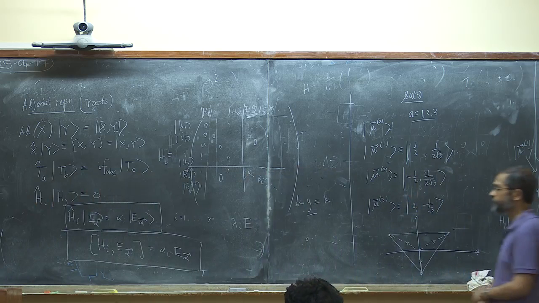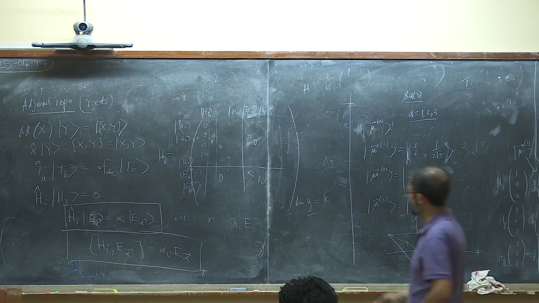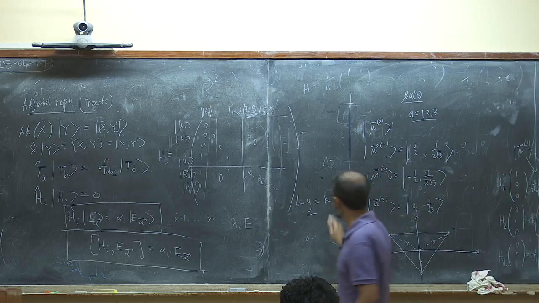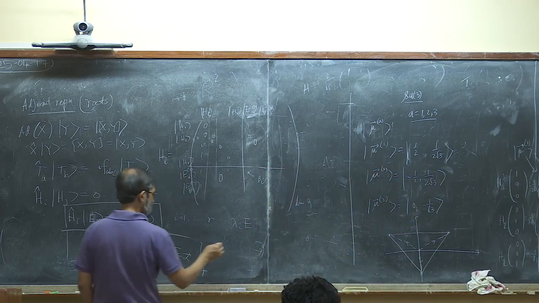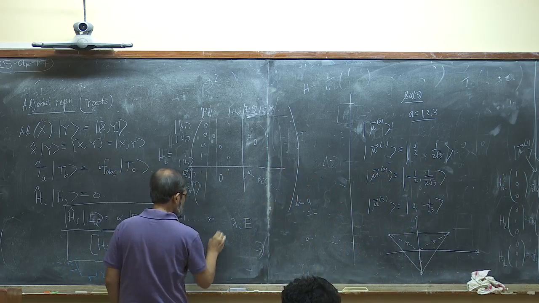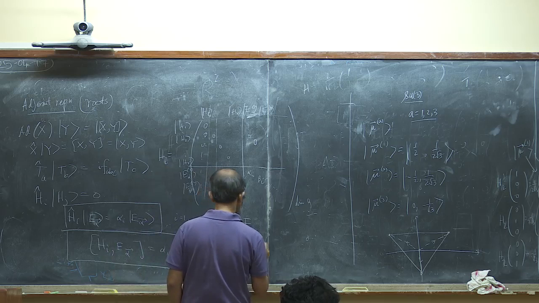The number of alphas is equal to dim G minus R.